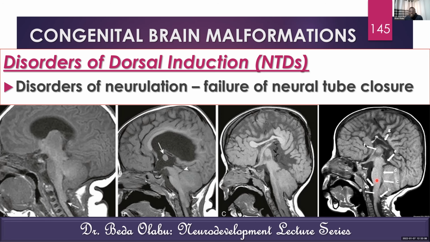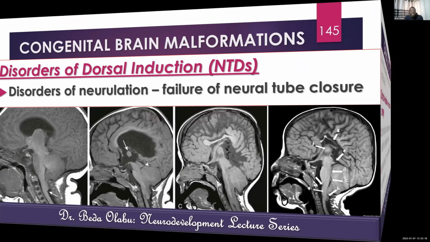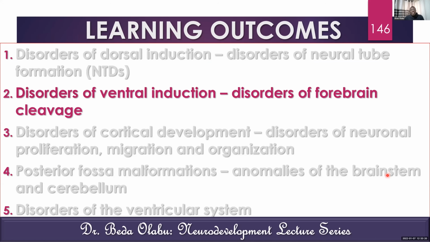That means the brainstem, fourth ventricle, and cerebellum. But there are other anomalies, as we can see. That is Chiari 2 anomaly, which can also be called Arnold-Chiari. And that summarizes for us the disorders of dorsal induction, neural tube disorders on the cranial side, so the cranial neural tube defects.